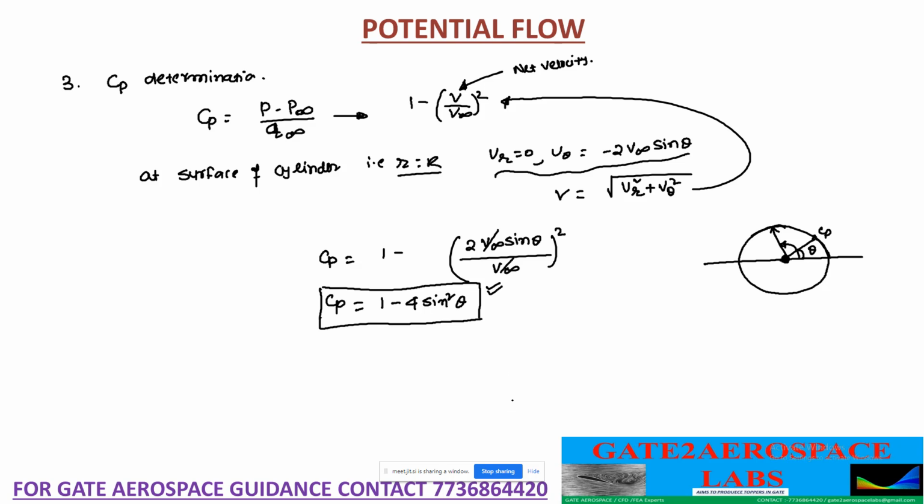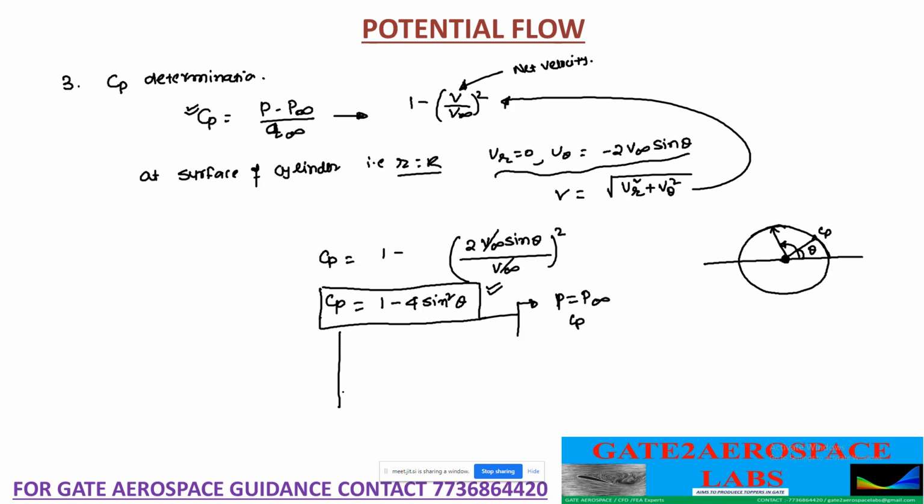So there was a problem in some year, I don't remember the year, where it is asked to find the point where your pressure is equal to free stream pressure. You just tell me, when your pressure is equal to free stream pressure, what will Cp be? Cp will be 0.